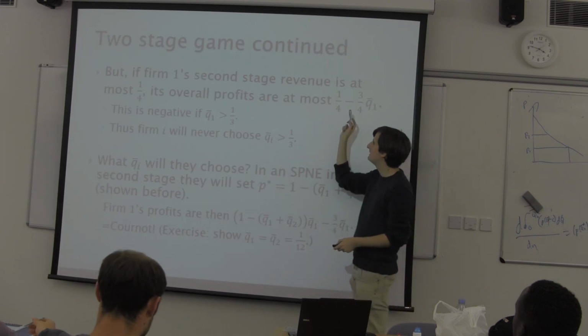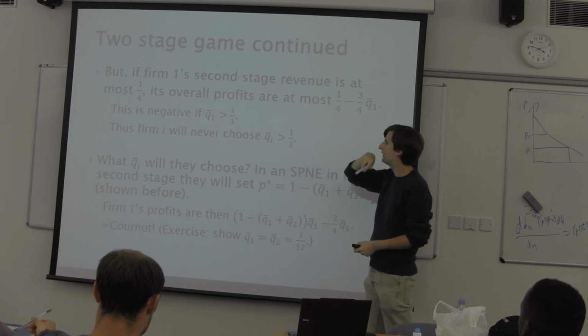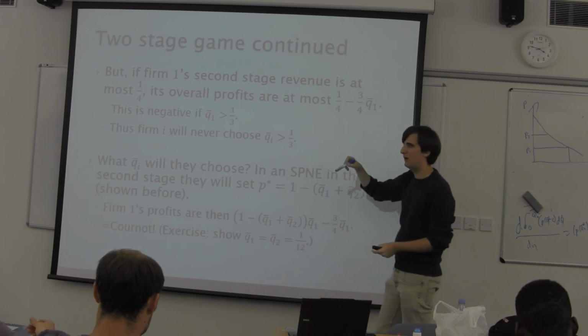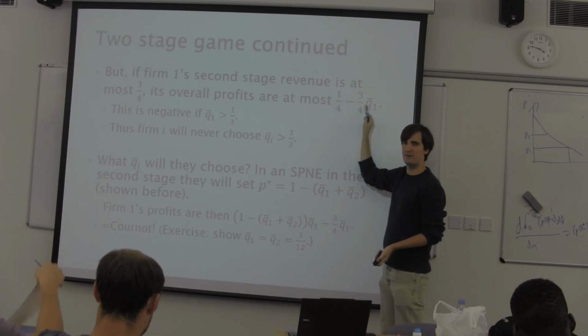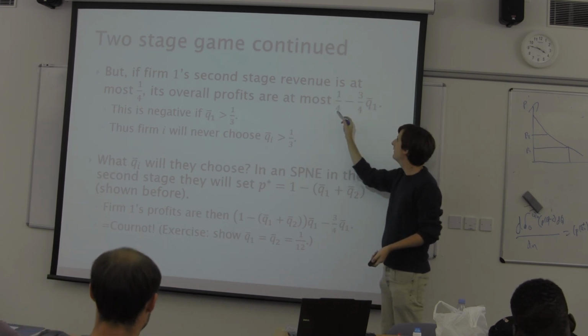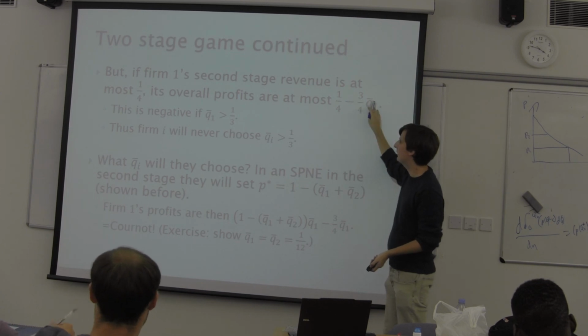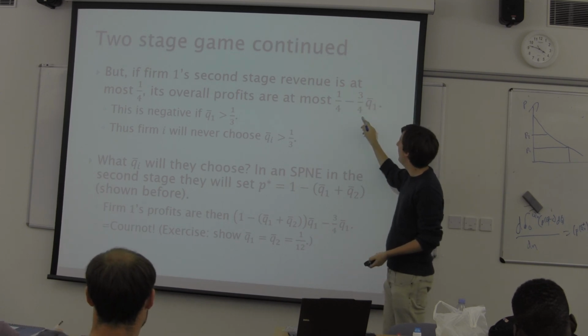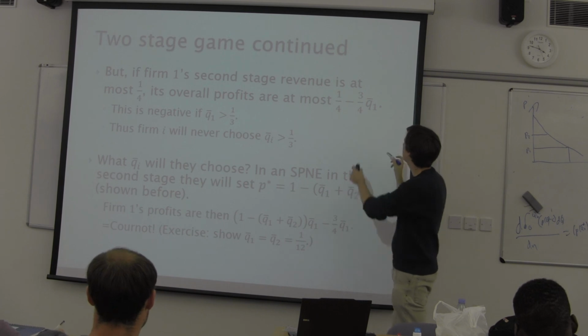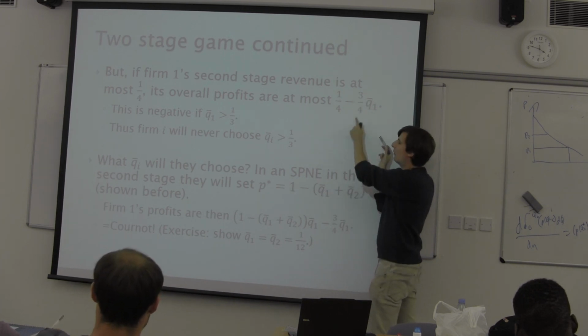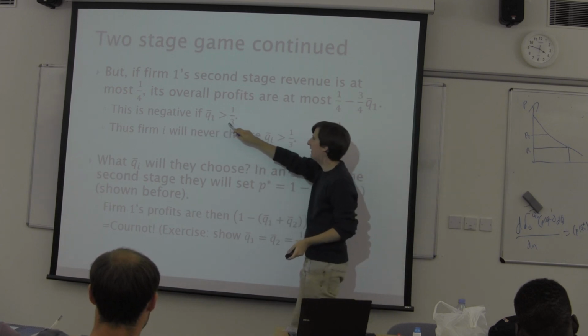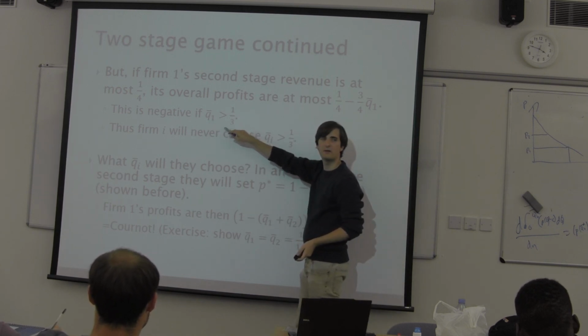But if second stage revenue is at most a quarter, what are its overall profits? Overall profits are second stage revenue minus first stage costs, so a quarter minus 3/4 Q1 bar. As Q1 bar increases, this has to go negative, and the point it goes negative is Q1 bar becoming bigger than a third.